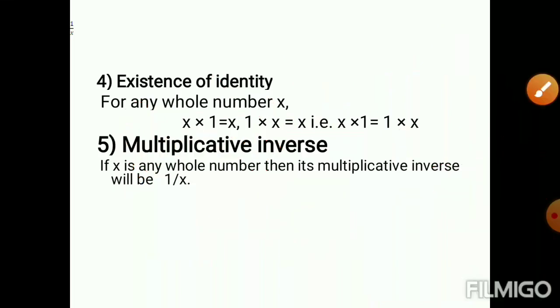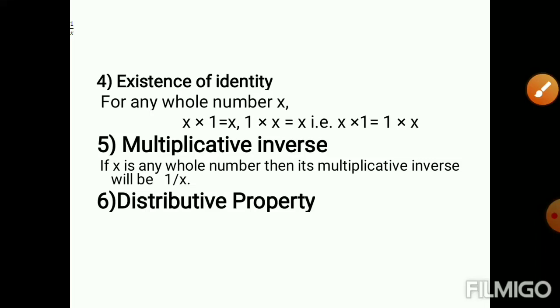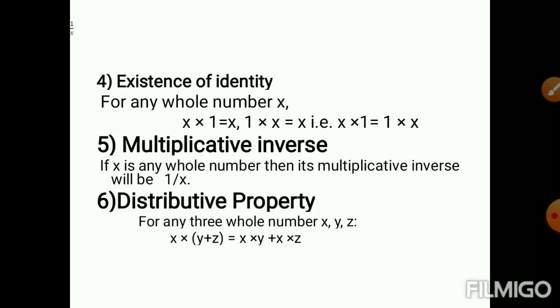So my next property is distributive property, and what it says, for any three whole numbers x, y, z, x multiplied by the bracket y plus z will be equal to x into y plus x into z.